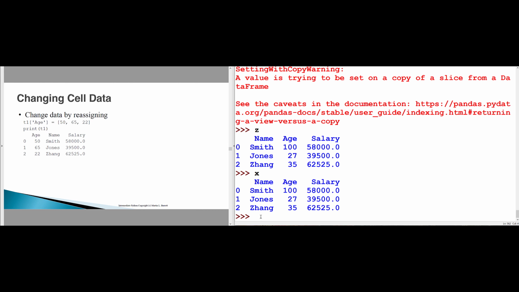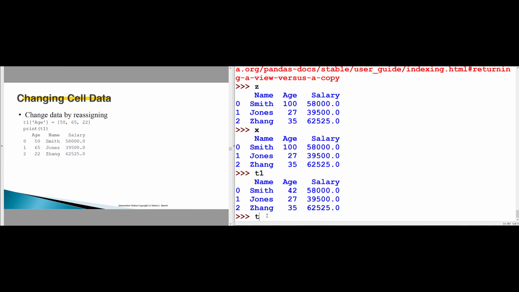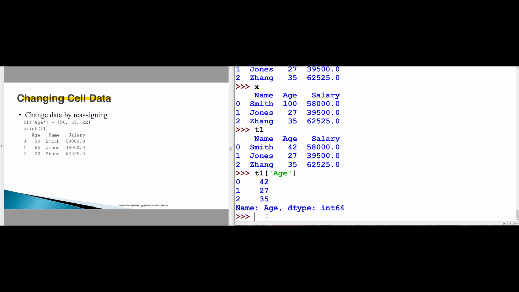Now, how can we change information contained within, in this case, a column? Well, I want to go back to T1. T1 sub age is my column of ages. I can modify T1 sub age to new values.